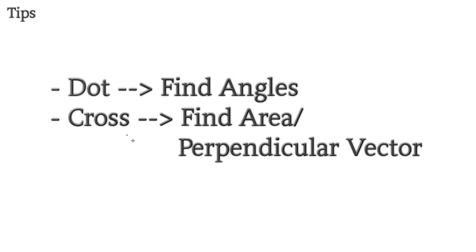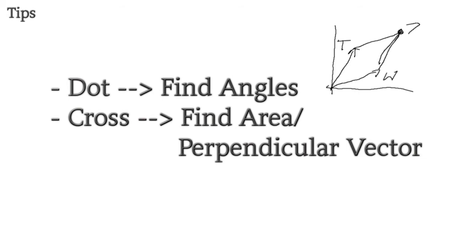You use the cross product to find the area between two vectors. So let's say you have a vector. Remember, during the imaginary or complex section, we have, I think, W vector and T vector, and I talked about how if you add them together you get a parallelogram, and I think it's Z or something.